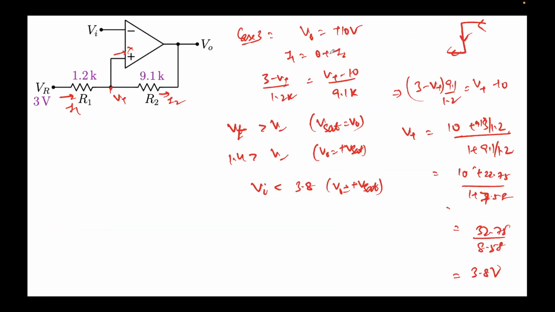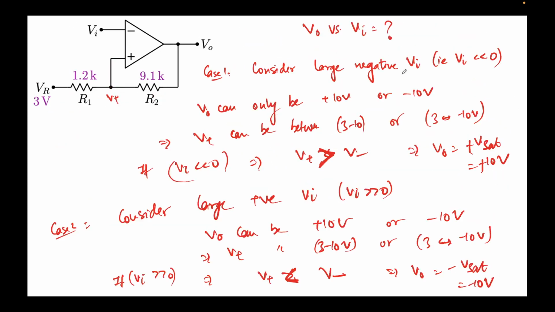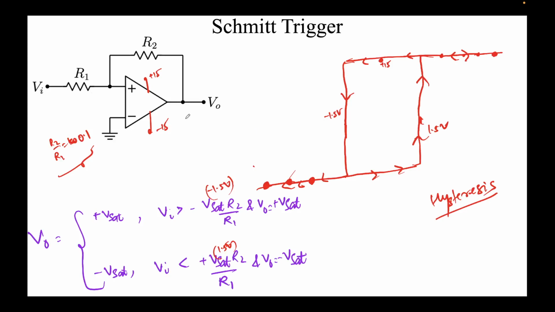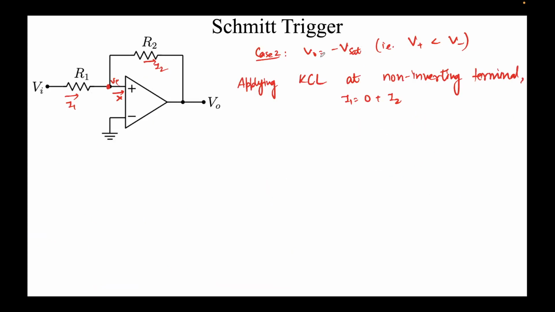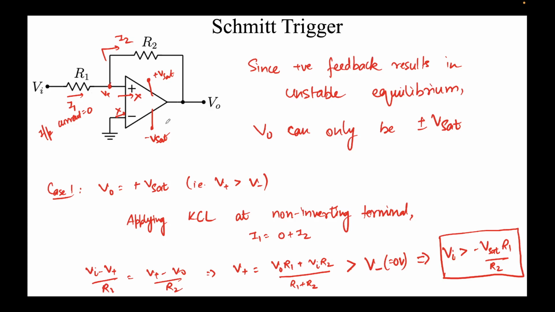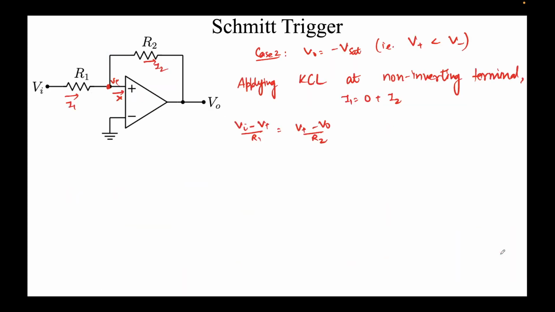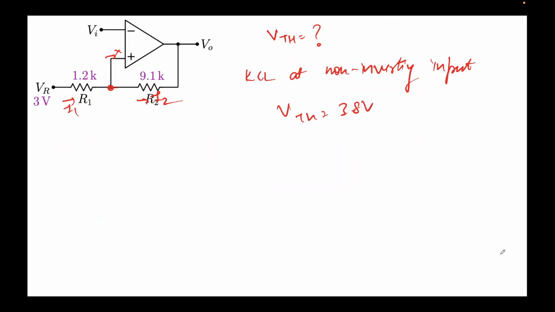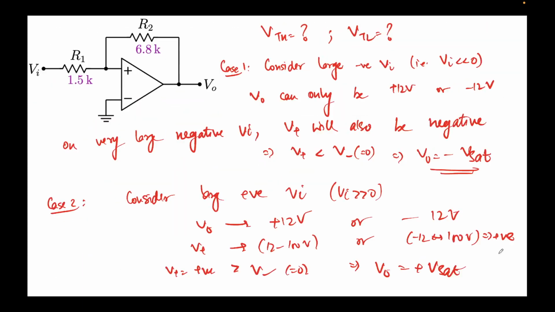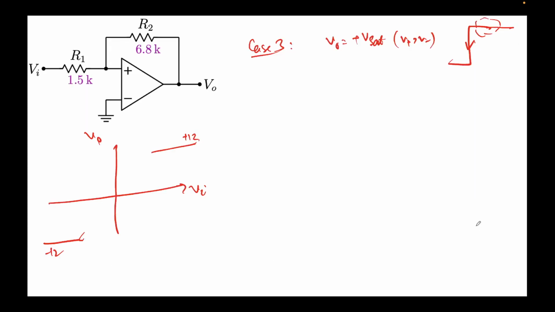In this case, we have assumed V naught equal to plus V sat, and we saw that Vi must be greater than minus V sat R1 over R2. So the analysis remains the same. I'll just copy paste the same result over here.